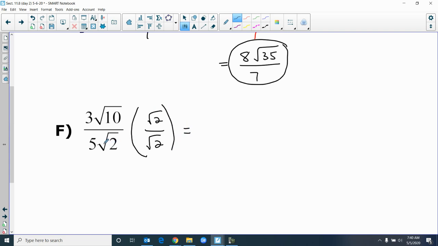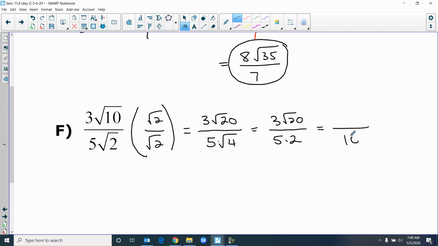Now, when we do this, 5 square root of 2 times square root of 2 becomes 5 square root of 4. The top becomes 3 square root of 20. Well, square root of 2 times square root of 2 is 2. Square root of 4 is 2, so this becomes 5 times 2. I'm just taking an extra step here, which is 10. So the denominator ends up being 10.